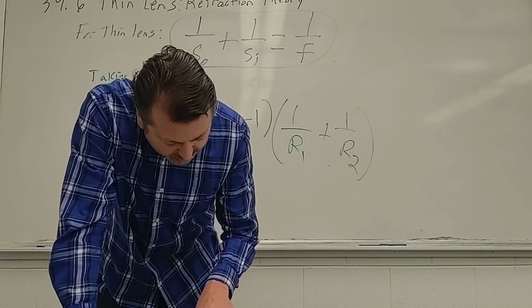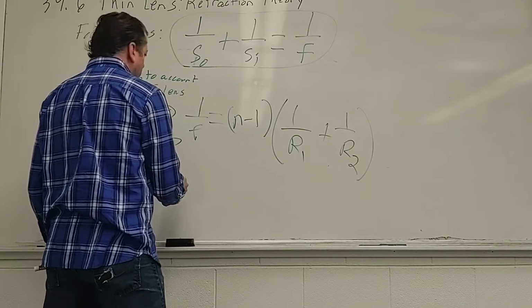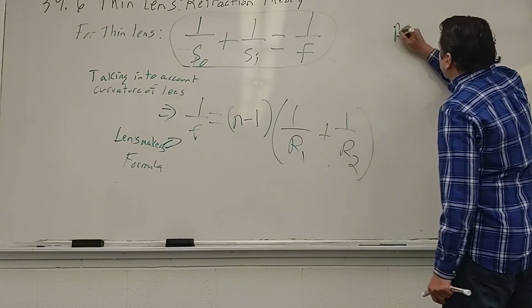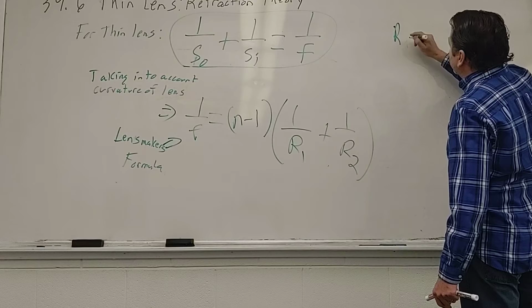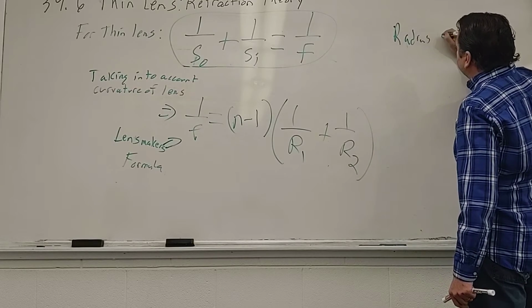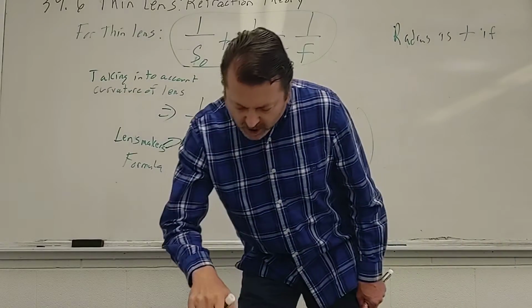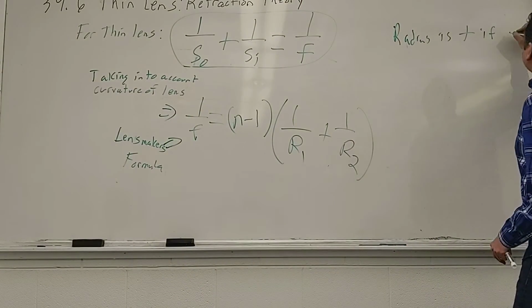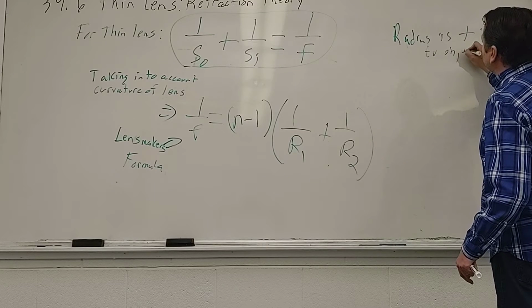Only thing I will say here is R1, I'll say radius is positive if you're doing convex to the object.